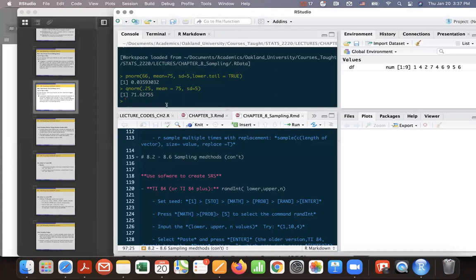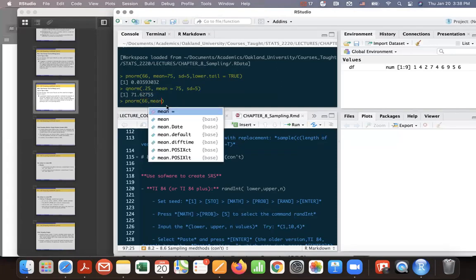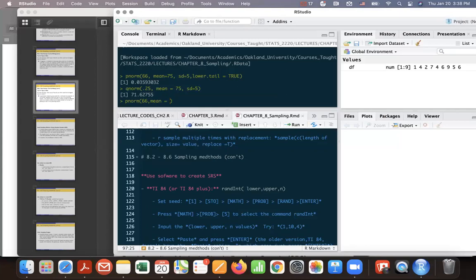So the command is pnorm, and then X is 66. That's your observation value. Mean, just type in mean and it'll have the command out for you right here, equals 75, the mean score, comma.